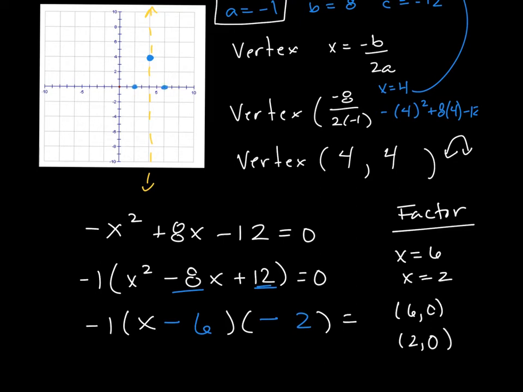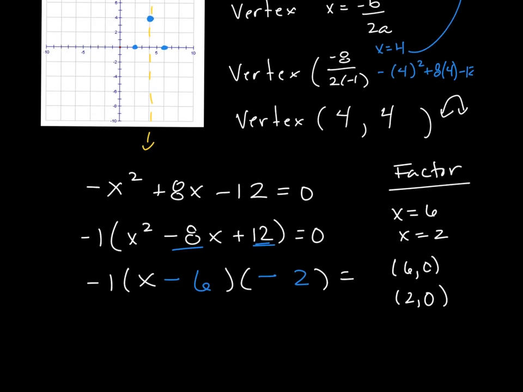Okay, I also will always ask you what the y-intercept is. So to find the y-intercept, just go back to the original equation, which is, again, your f of x is equal to -x squared plus 8x minus 12, and let x be 0.